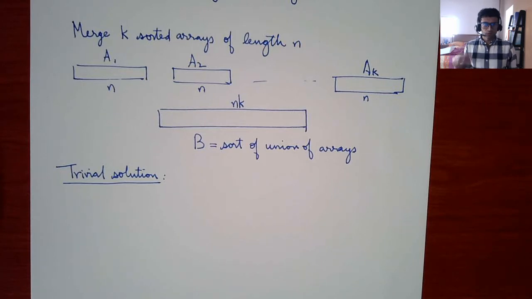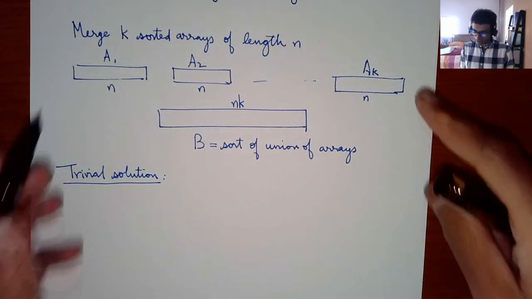I'll give you an even simpler one, which is even more stupid. Actually, your solution was kind of clever, or at least you were thinking in terms of merge. Really, the dumbest thing one could do is to just put everything in an array and just sort it using merge sort. This is almost ignoring the fact that all of these are sorted.